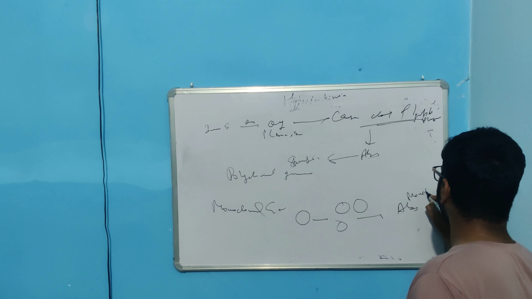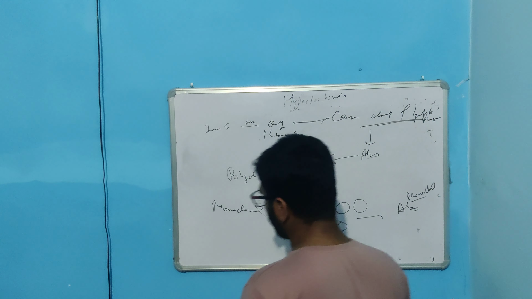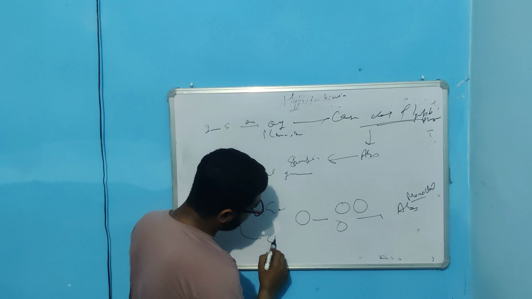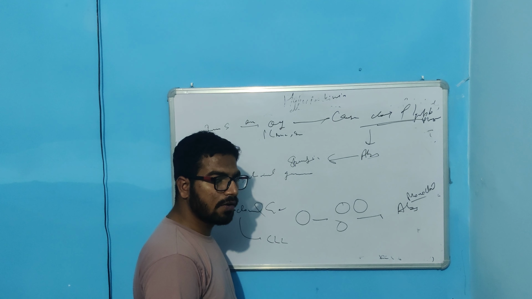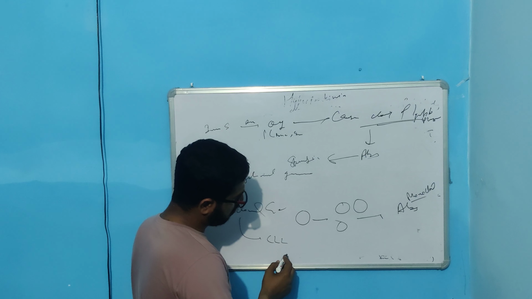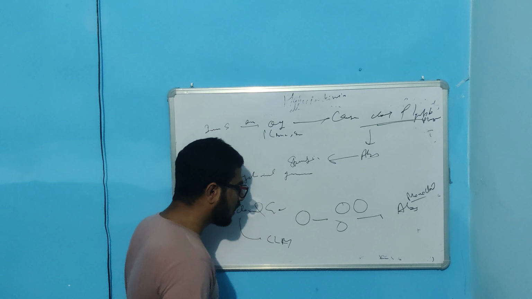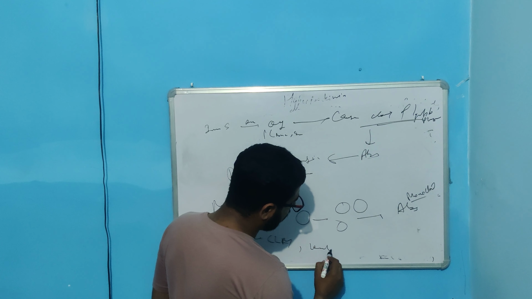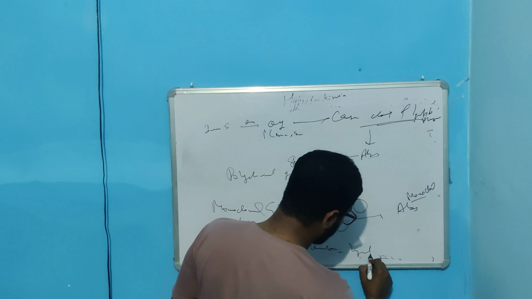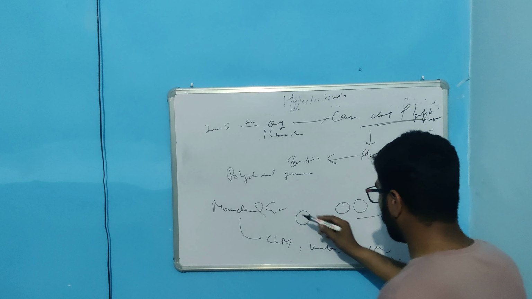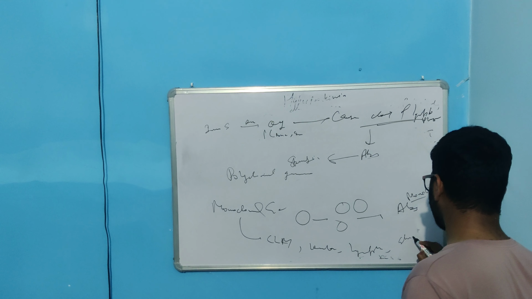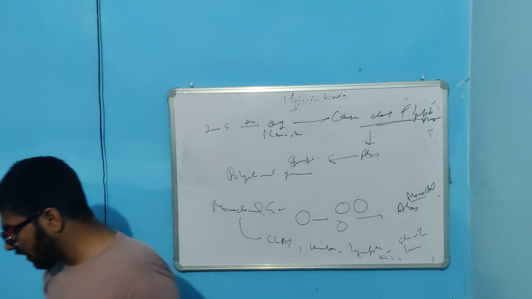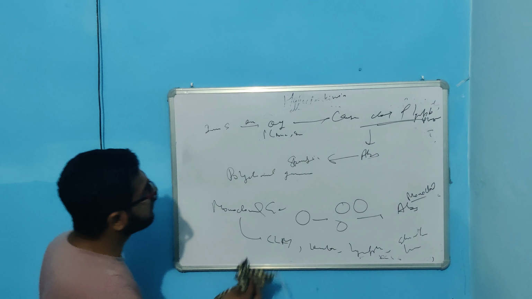You observe monoclonal gammopathy in CLL, chronic lymphocytic leukemia, or myeloma, in leukemia, in lymphoma, and sometimes in ehrlichiosis or leishmaniasis. So we will discuss the various electrophoretograms of these gammopathies.